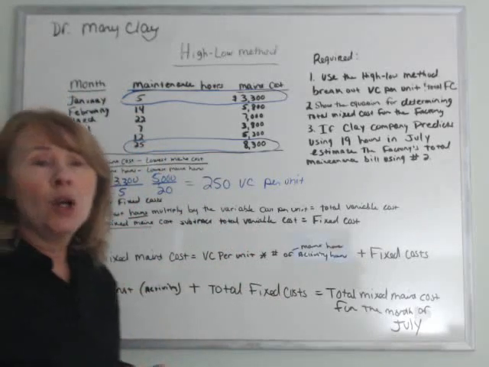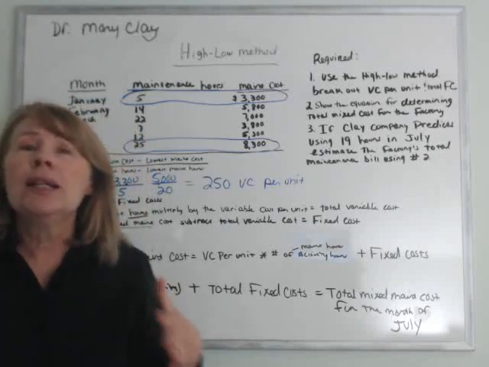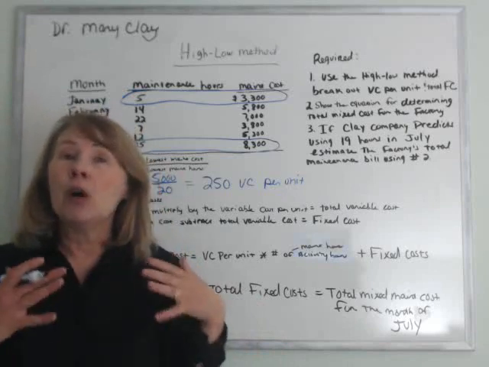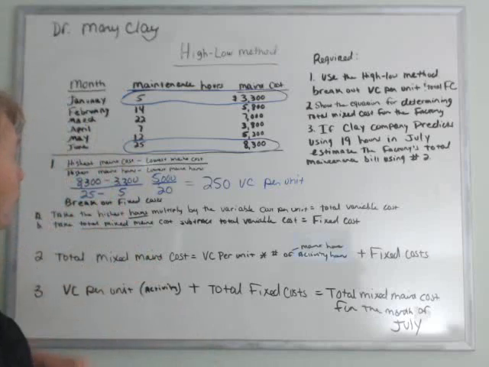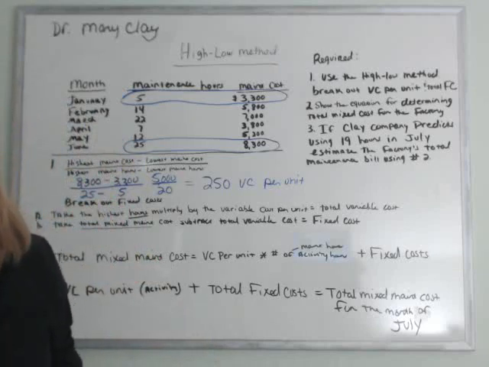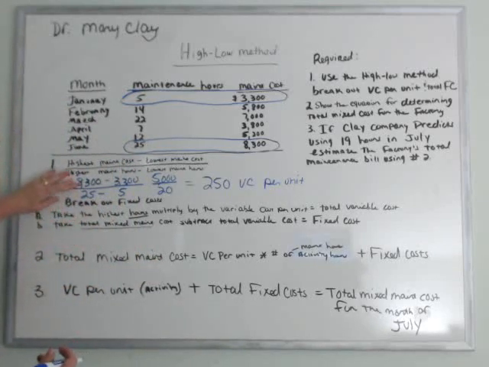Okay, next, we're going to break out the fixed costs. I'm going to tell you, you can do this in two ways. I'm going to focus on the highest level first. So here's how we're going to do this. We're going to break this down. We're going to take our total cost at the highest level.